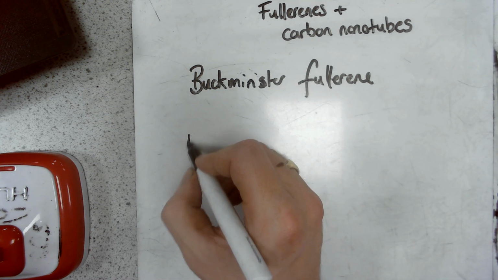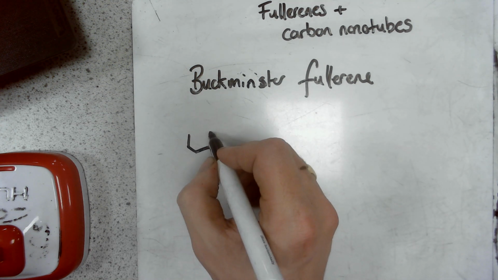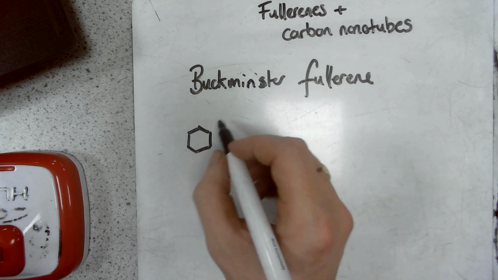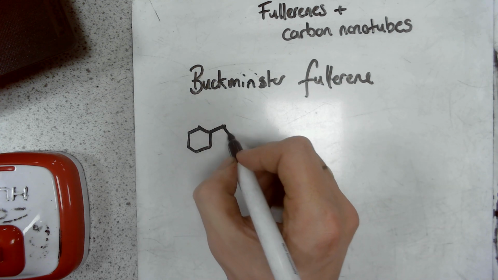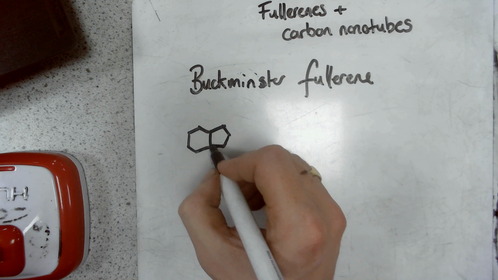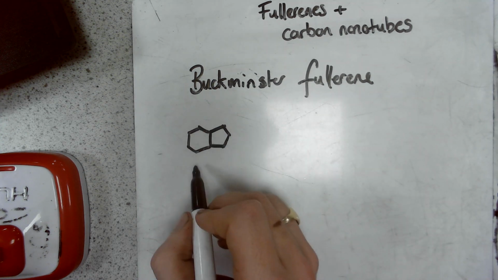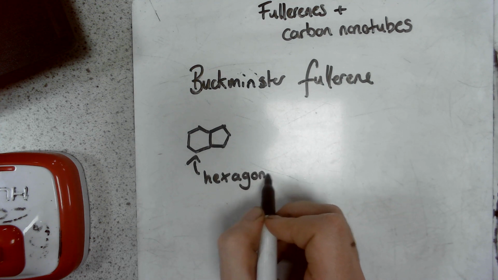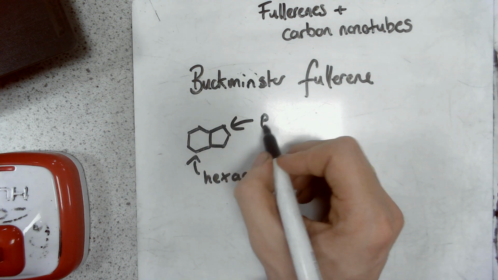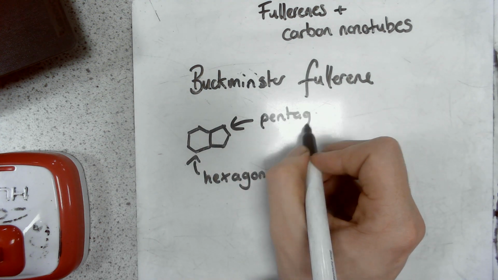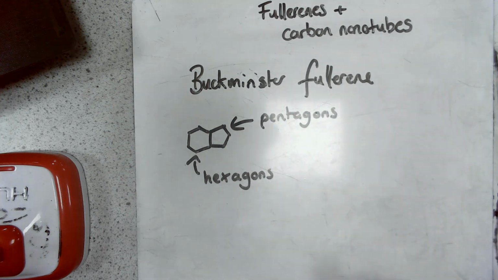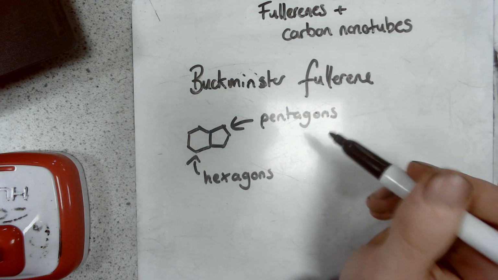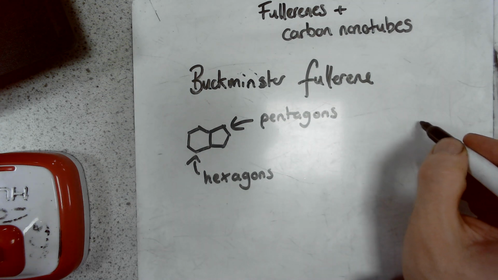Now, that means it's spherical, but it also means, and this is important because you can be asked about this, that it's made up of two shapes. It's made up of hexagons and it's made up of pentagons. Okay, so buckminsterfullerene is made up of pentagons and hexagons. It is spherical, right?